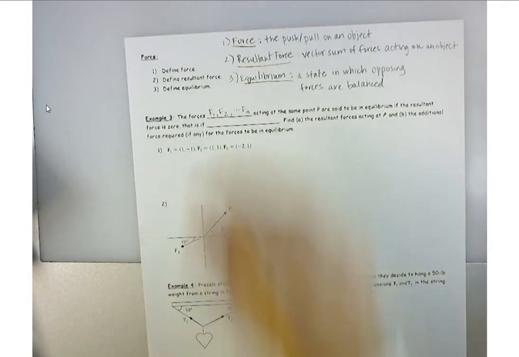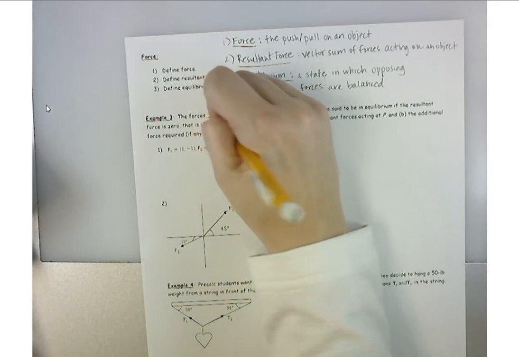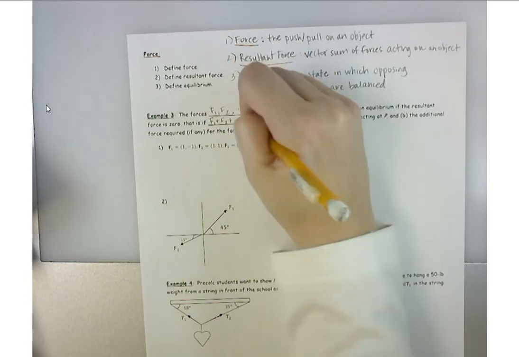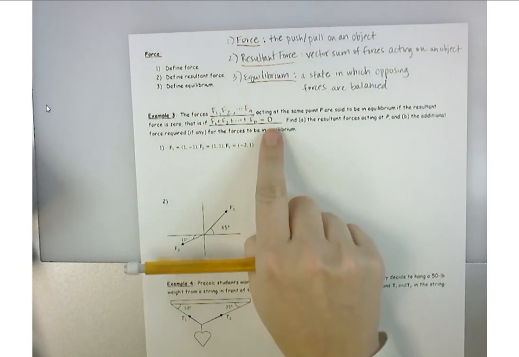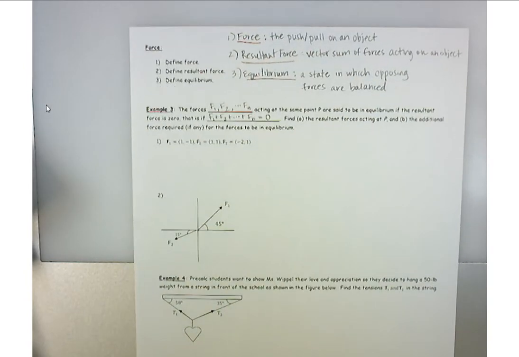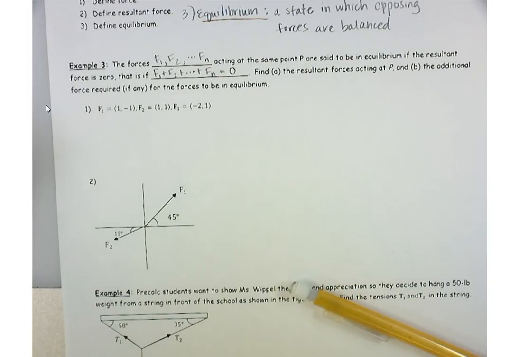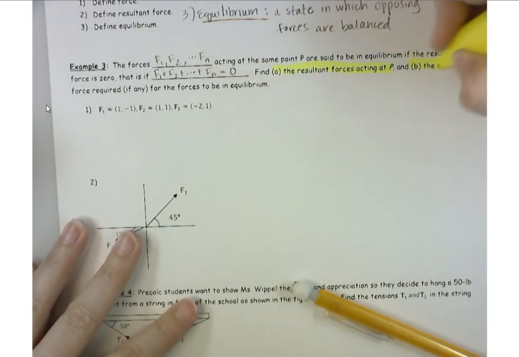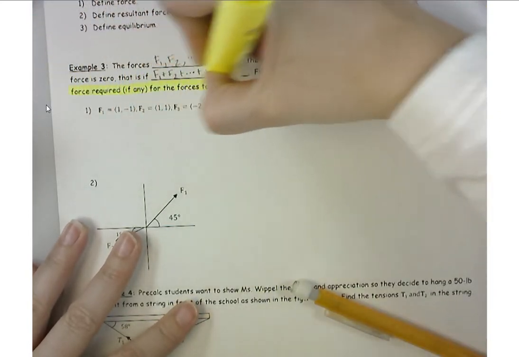So that means if the sum of those forces, F sub 1 plus F sub 2 plus all of them up to F sub n, is 0. What we have to do is find A, the resultant force acting at P, and then B, the additional force required, if there's any, for the forces to be in equilibrium.